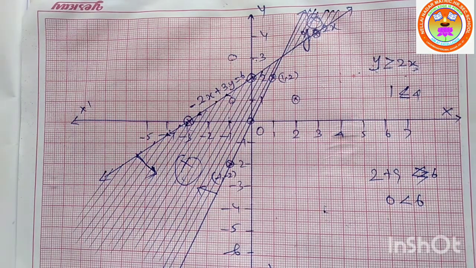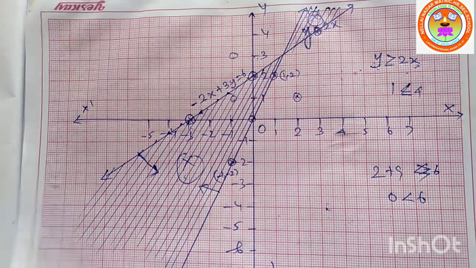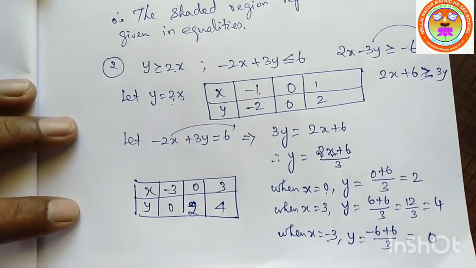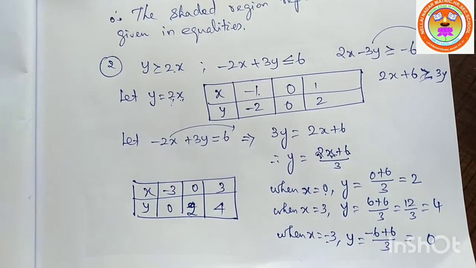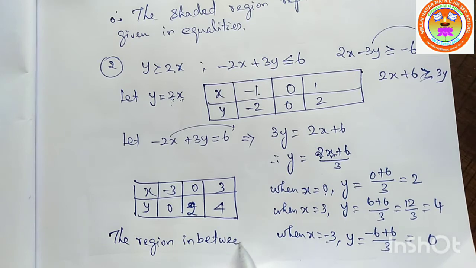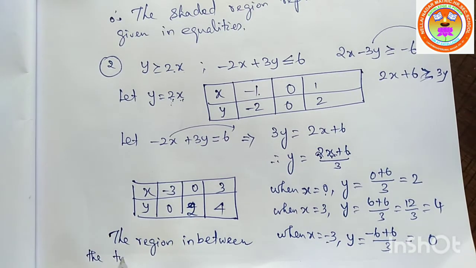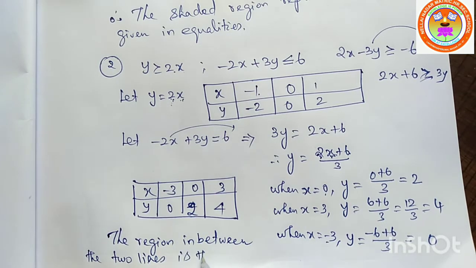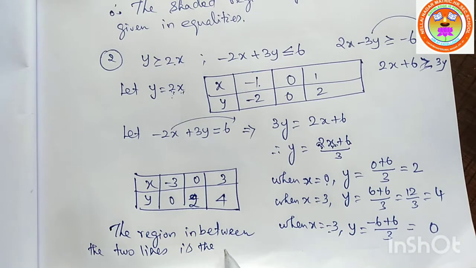Okay? Therefore, what is the conclusion? The region in between the two lines is the required region.